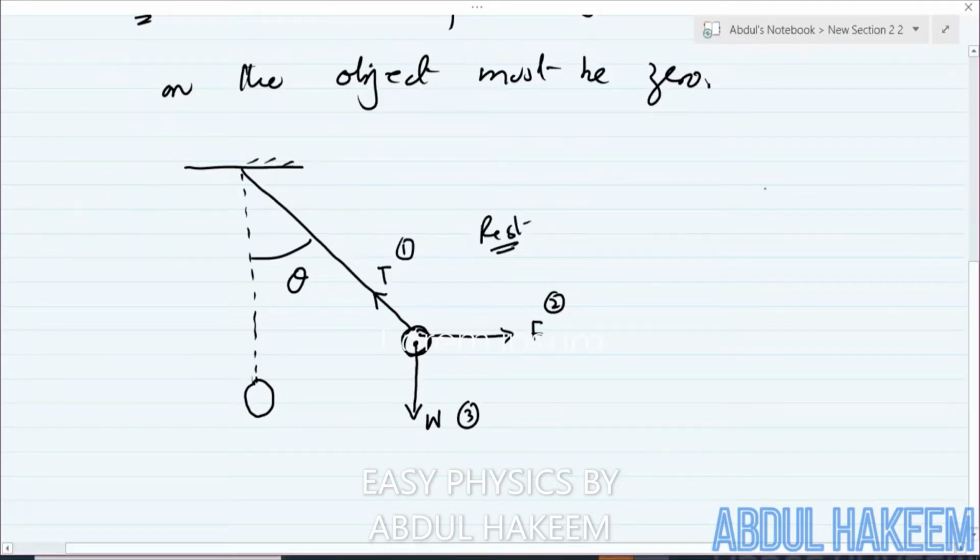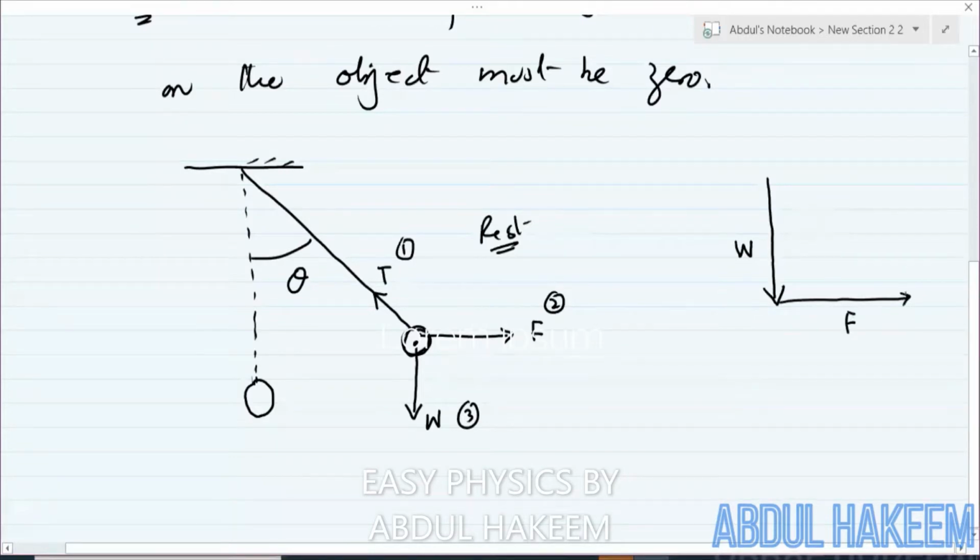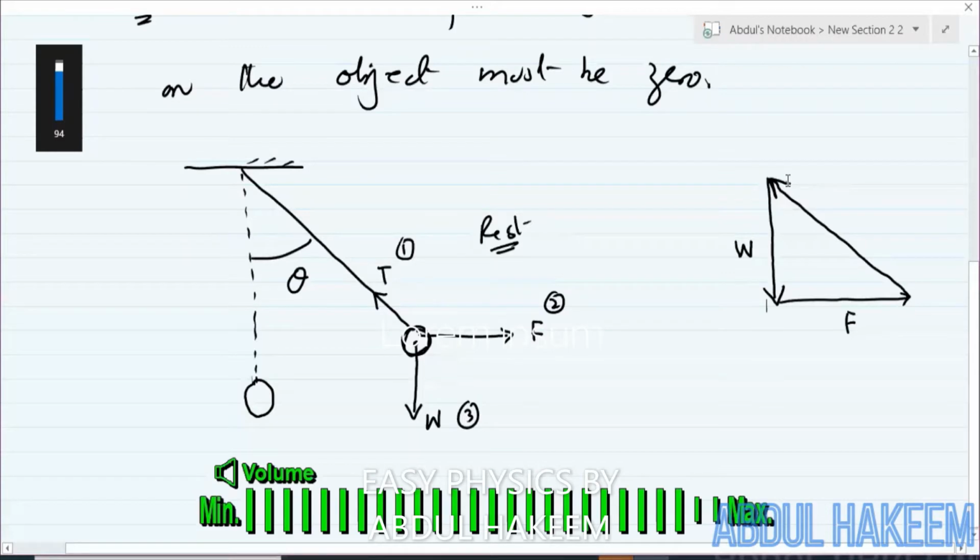Look, suppose we first draw the vector weight downward. Number two, your force. This is F. And the third, tension in the string. So it is in this direction. So look, the resultant is zero. It's a closed triangle.